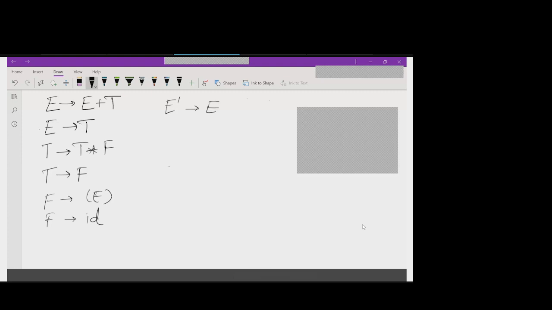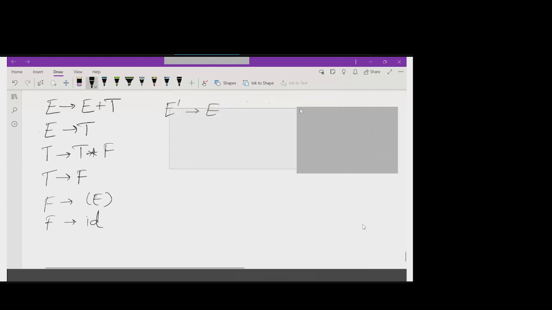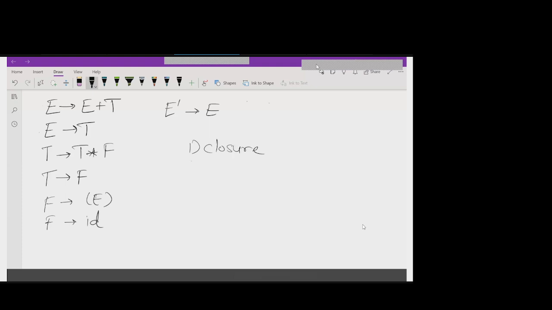Now there are two things that you have to remember, right? There are two operations. One operation is called closure, right? Closure operation, and the second operation is called goto operation, right? Closure operation means what productions we need to include if we are having this.